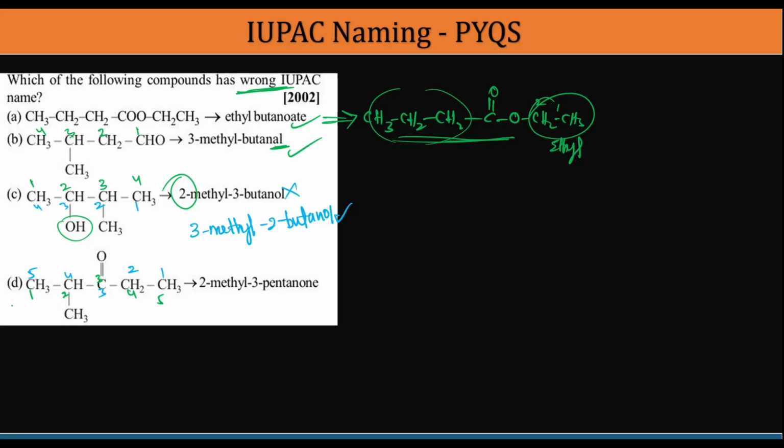So it's better to number from here because here the methyl group is getting the least number, which is 2 rather than 4. That's why it is 2-methyl-3-pentanone. This is also correct. So option C is the correct option because they have asked for the wrong IUPAC name.